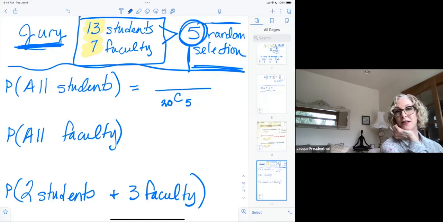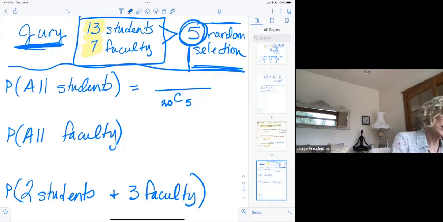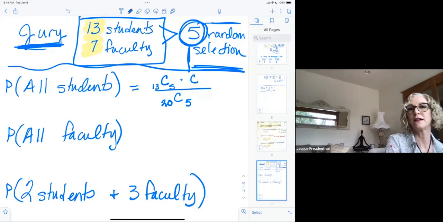So out of the 13 students and 7 faculty, those are all of the ways I can choose 5 for the jury. I want the probability that all of them are students. So out of the 13 students, I want all 5 of them to be in the jury.